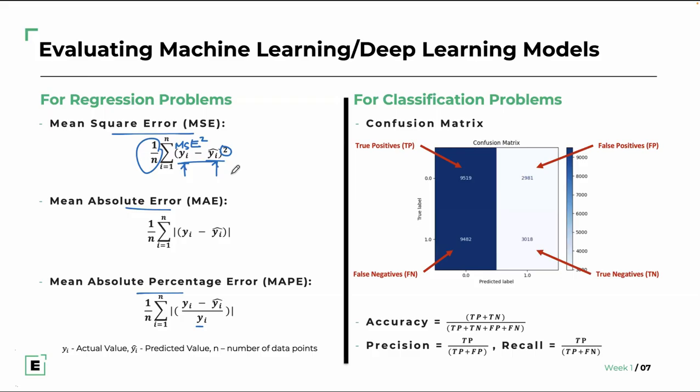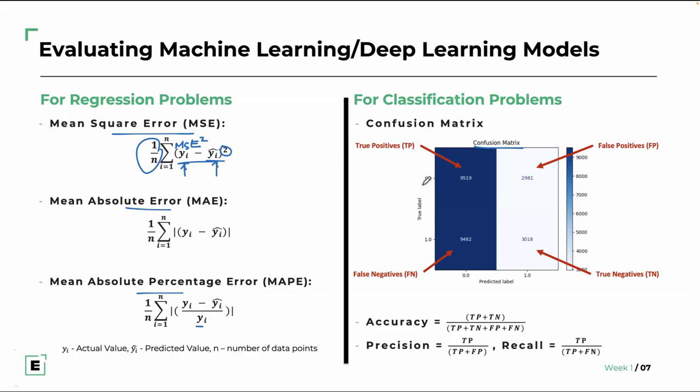Okay. So similar to regression, I have some mechanisms to evaluate classification problems. For classification problems, we basically draw something known as a confusion matrix. The confusion matrix tells me how many predictions I'm making correct and how many I'm making wrong.